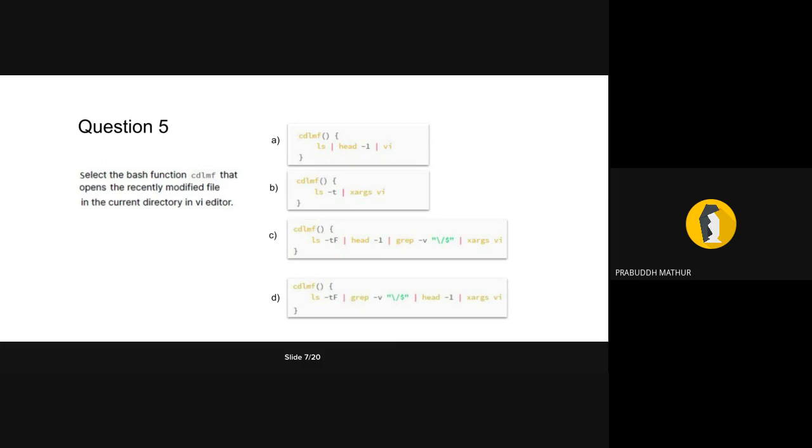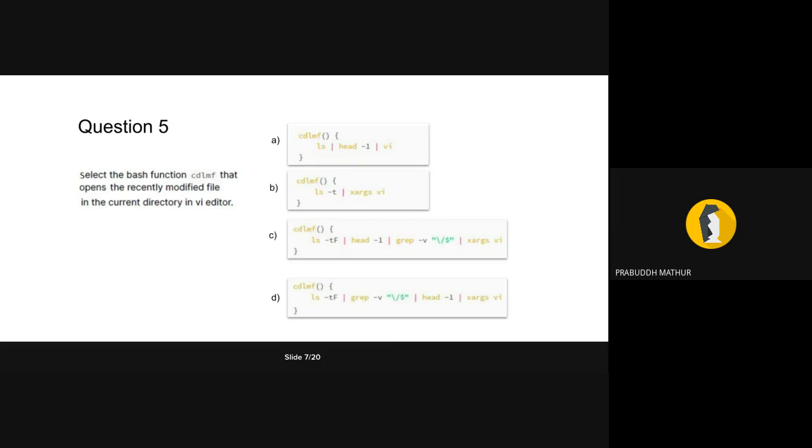Is everyone clear with the question, why we are doing this grep? Basically, -v will reverse the match. If it matches for directories, the slash at the end, -v is for reverse.